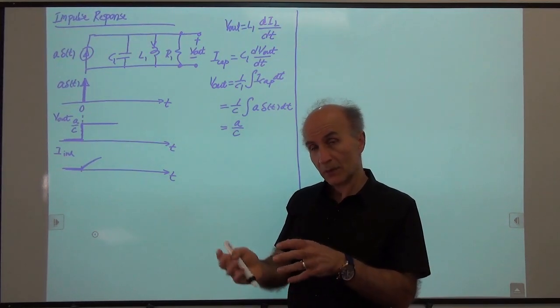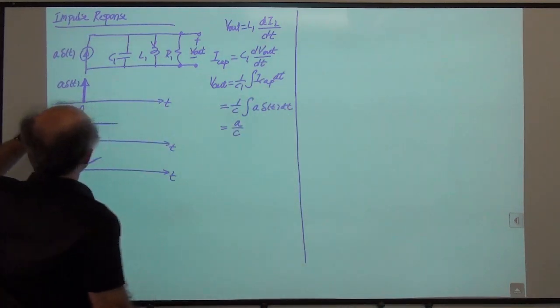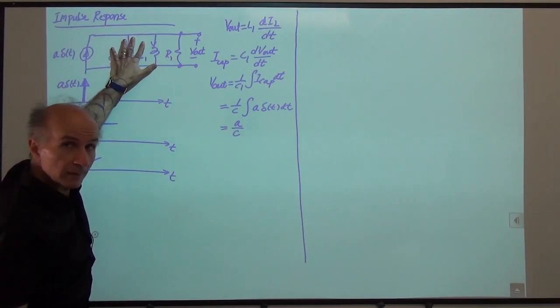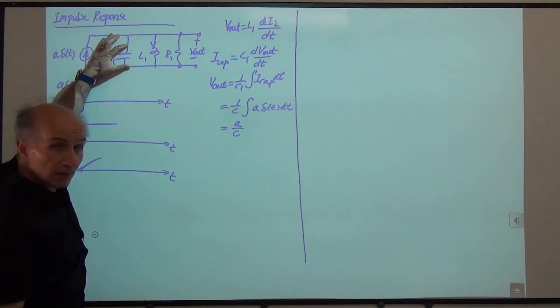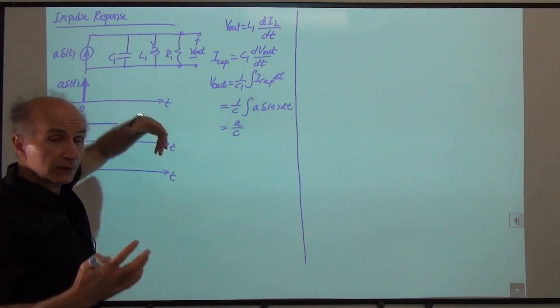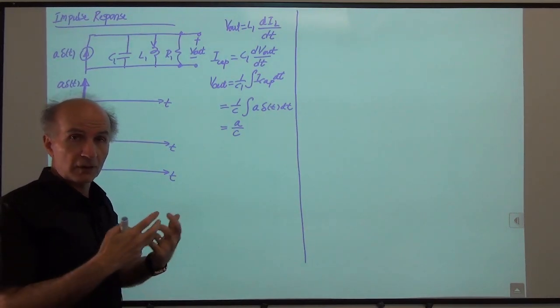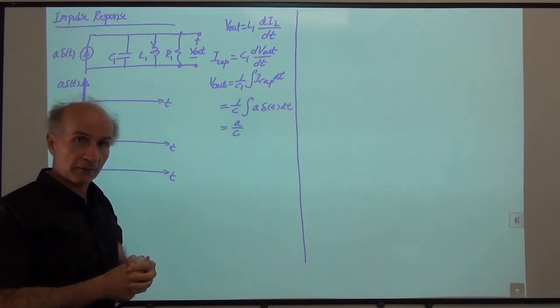Remember, we had the same circuit with an initial condition? This is the same thing. In other words, whether I have an impulse of current and no initial conditions, or whether I have no input and an initial condition across the capacitor, the circuit is the same. In fact, theoretically, to generate an initial condition on a capacitor, I can just give it an impulse of current, and that's how I generate the voltage across the capacitor.